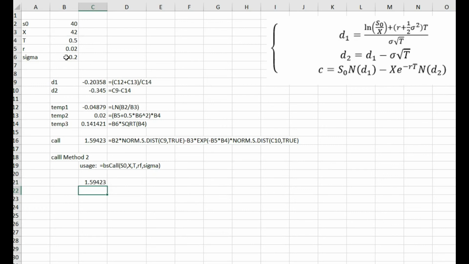Then we close it, and we have the exact same result. Again, I'm going to show the formula here.